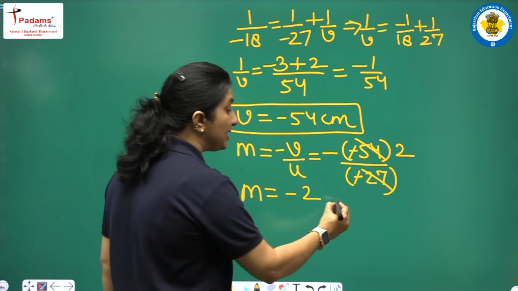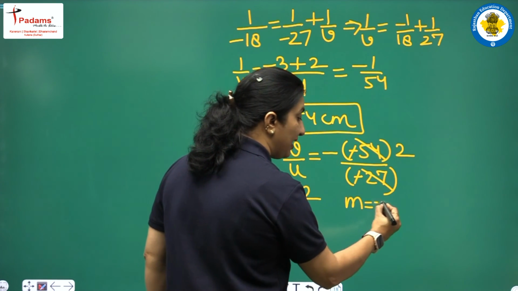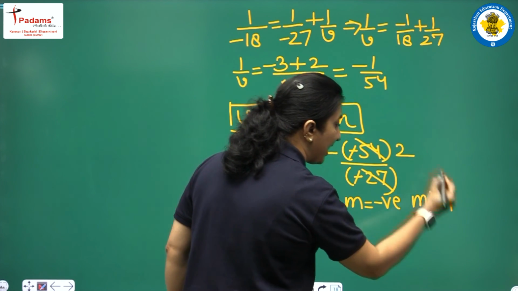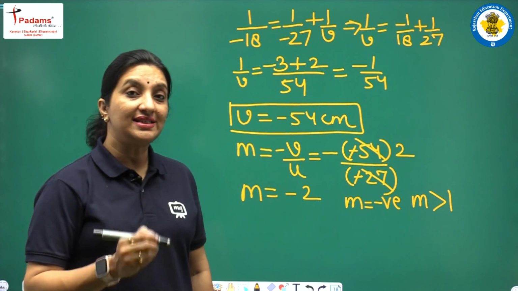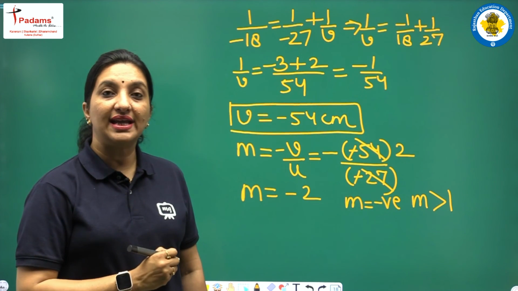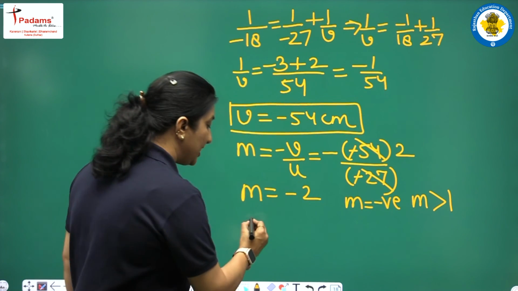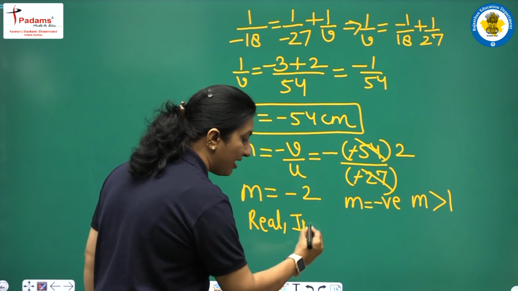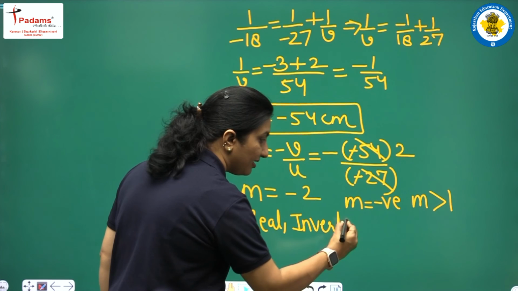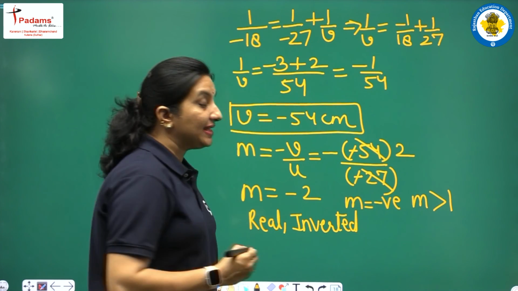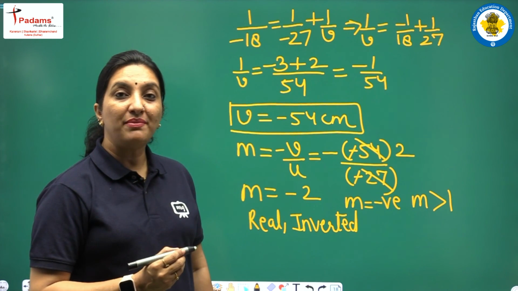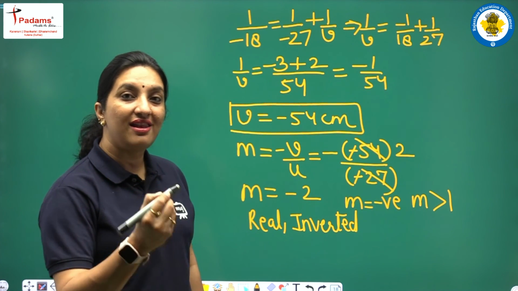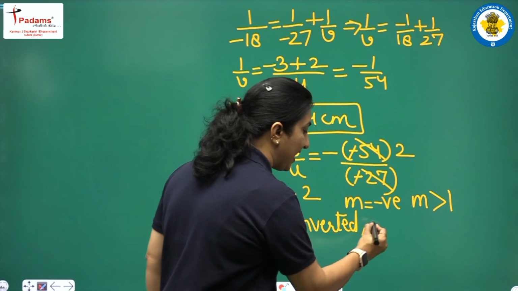Now here students, the value of m is negative and the value of m is greater than 1. Now what does this indicate? The negative value indicates that the image is real, and all real images are inverted. And second, the value of m is greater than 1. This means that the image is larger, or we can say enlarged.